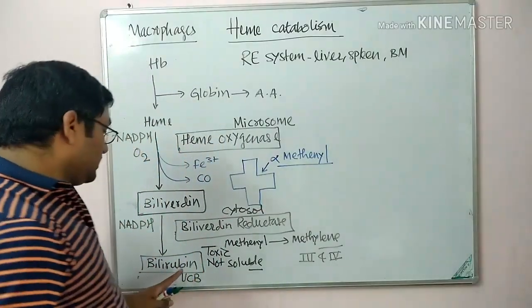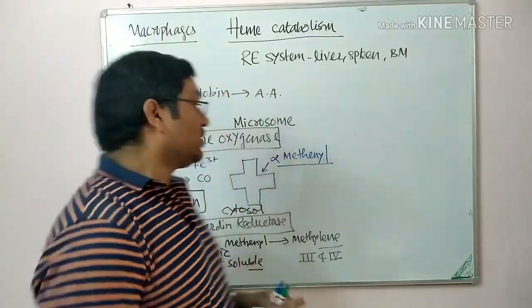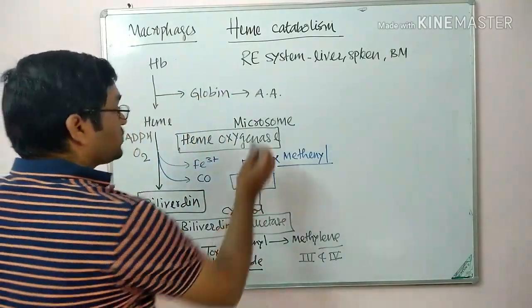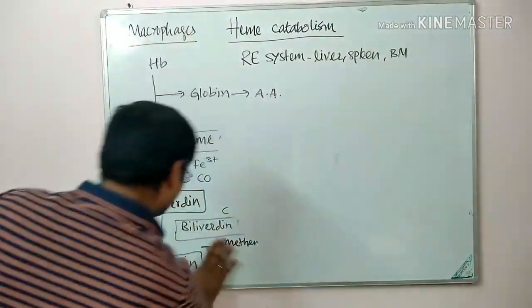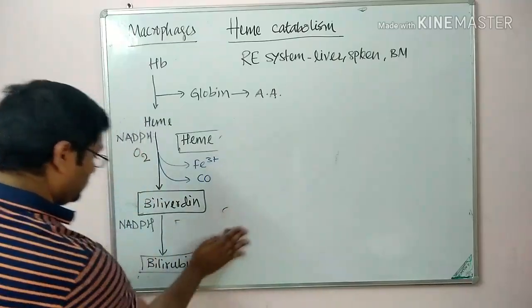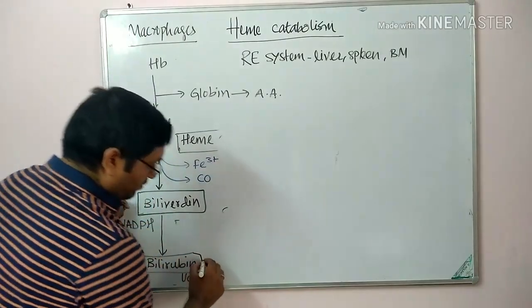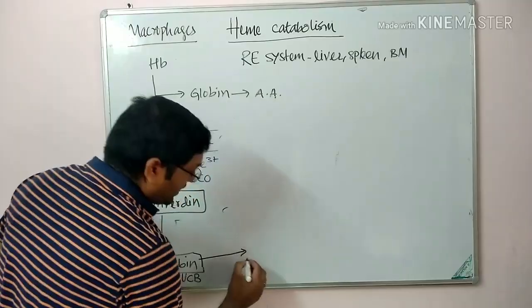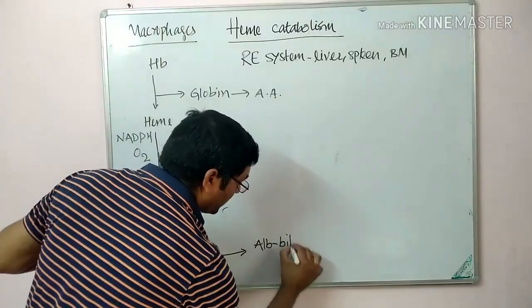So for that, it is transported into the blood and bound to albumin. Now coming to the transport of bilirubin. The bilirubin produced in the macrophages attaches to albumin to form an albumin bilirubin complex.